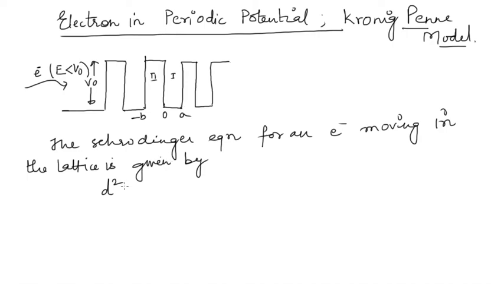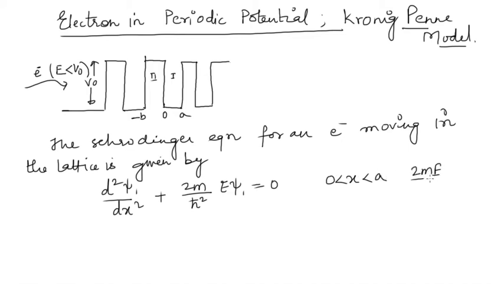So what equation do I get? d2 psi 1 by dx square plus 2mE upon h cross square psi 1 is equal to 0, for 0 to a, and 2mE upon h cross square I can take as k1 square. This is region 1.